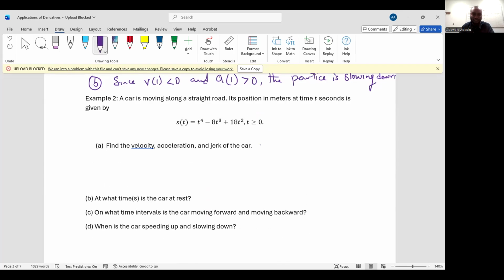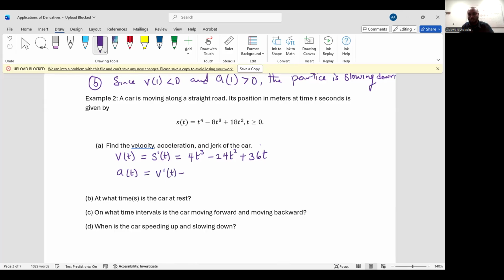The first question is we should find the velocity, the acceleration, and jerk of the car. Remember, velocity is the derivative of the position function, which is 4t raised to power 3 minus 24t raised to power 2 plus 36t. Acceleration is the derivative of velocity.